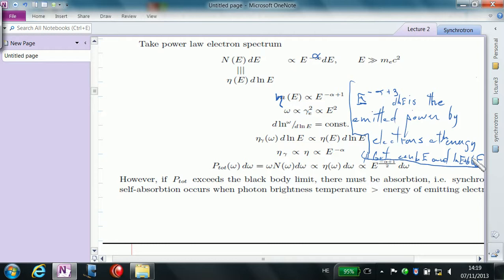What is this? The emitted power by electrons? Yeah, with energy between E and E plus dE.